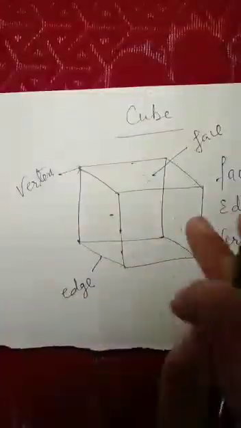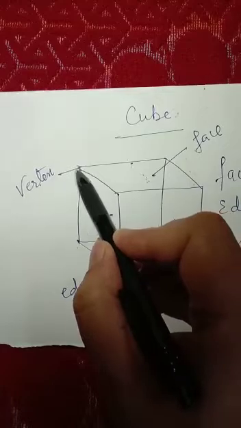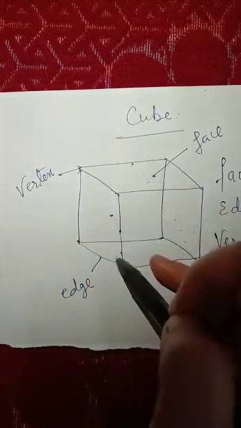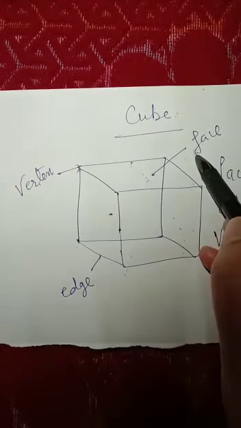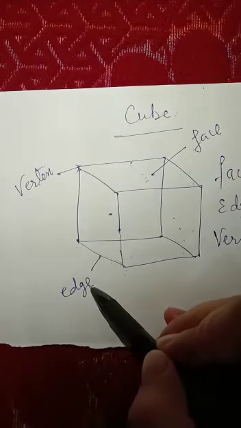See what is in my hand? This is a dice, and this dice is in which shape? It is a cube shaped dice. This is a cube and this cube has a vertex like this, but there is not only one vertex, there are so many vertices. So the surface like this is the face of the cube and these lines are known as the edges.